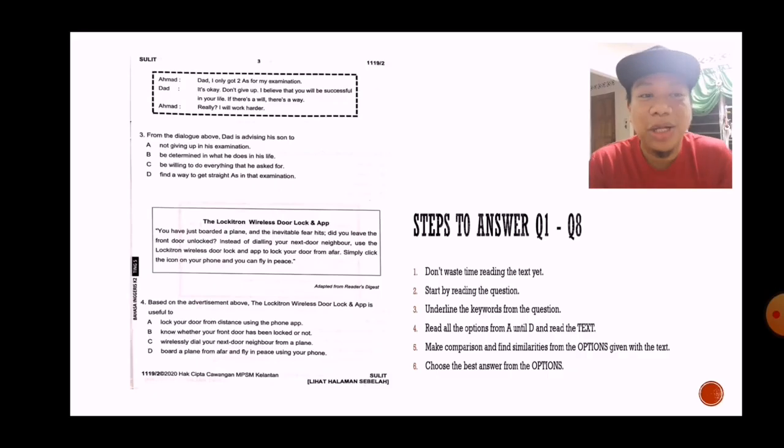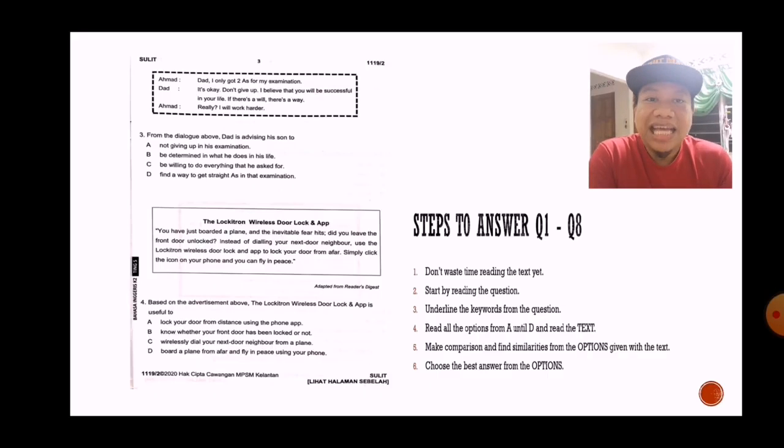Okay, now let us look at the text. Right, so the Locktron wireless door lock and app. You have just boarded a plane and the inevitable fear hits. Did you leave the front door unlocked? Instead of dialing your next door neighbor, use the Locktron wireless door lock and app to lock your door from afar.